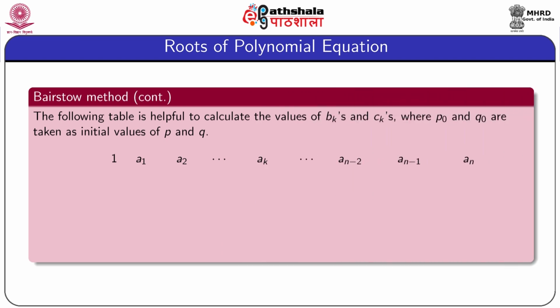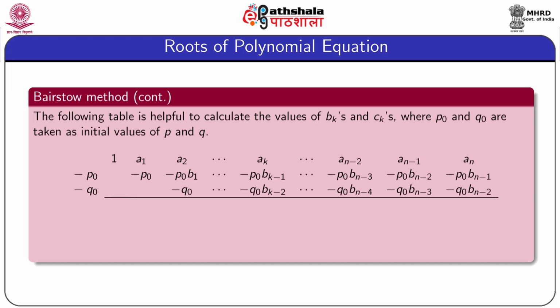The following table is very useful to calculate the values of bk's and ck's, particularly for hand calculation. The first row of the table represents the coefficients of the polynomial Pn(x), and the second row is obtained by multiplying b1, b2 up to b_{n-1} by minus p0.